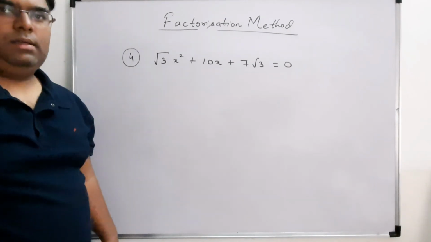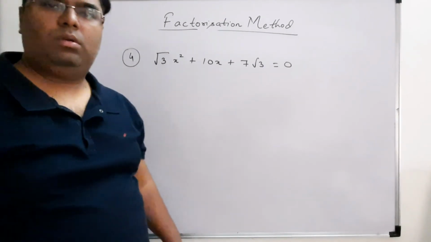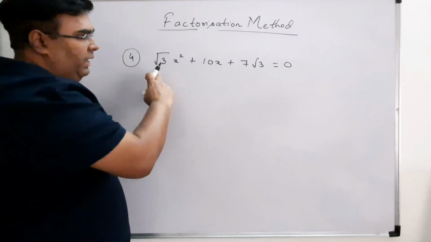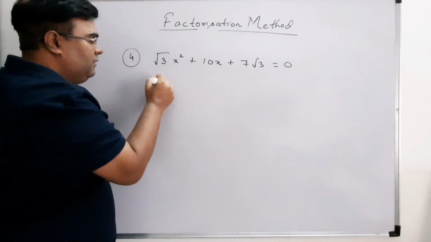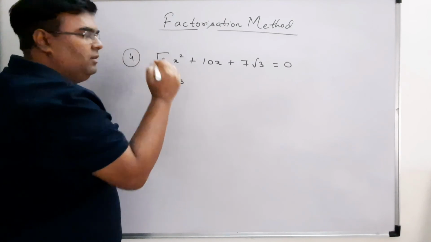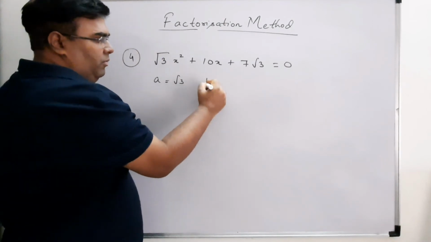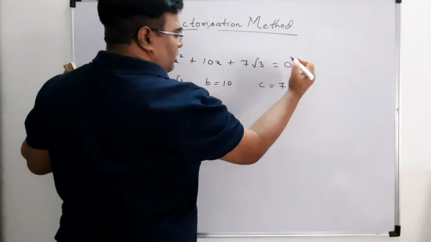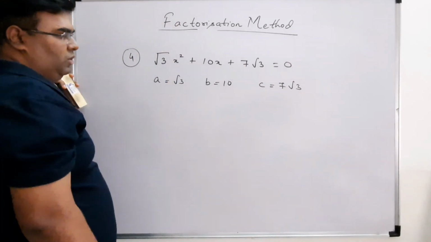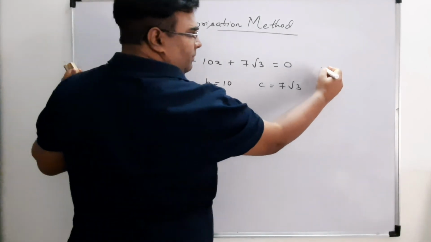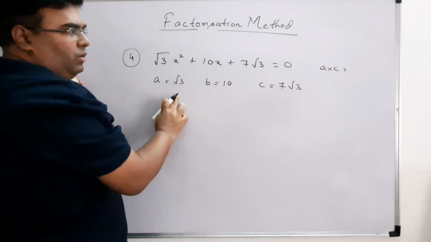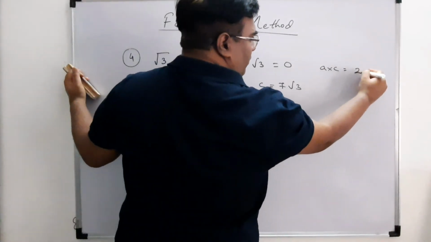Now let us take another example involving the square root numbers. Okay, here the square roots are in a and c. So a is root 3, b is 10, c is 7 root 3. So if you multiply a and c, you will get 7 root 3 multiplied by root 3 will give you 21.